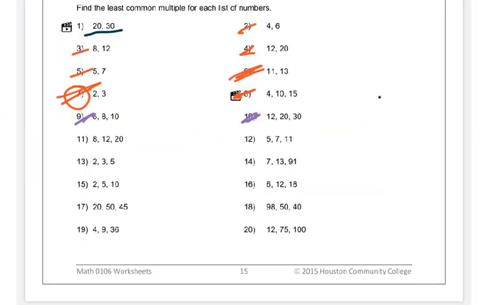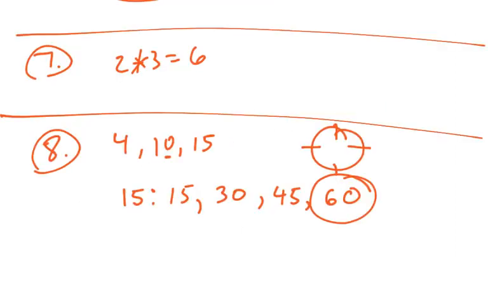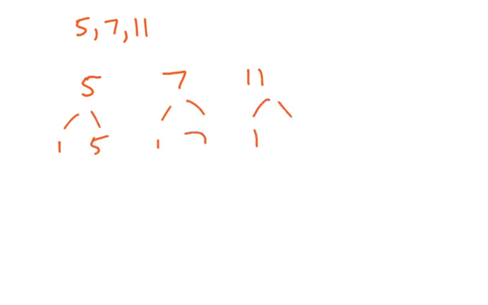So that was number 11. Number 12 is 5, 7, and 11. And again, because 5, 7, and 11 are all prime, the answer is going to be 5 times 7 times 11. Just to be clear, if I wrote it in terms of the prime factorizations, we don't include 1, but I'm going to write it with 1.